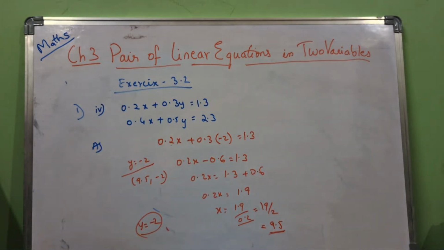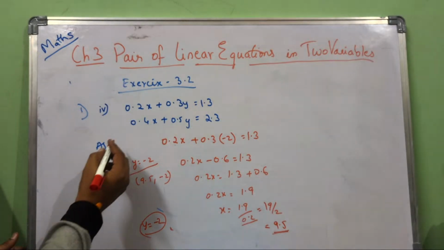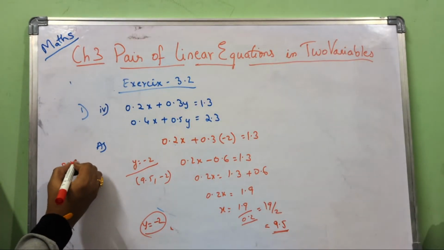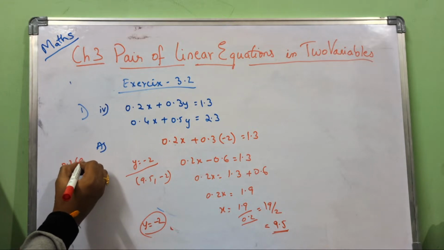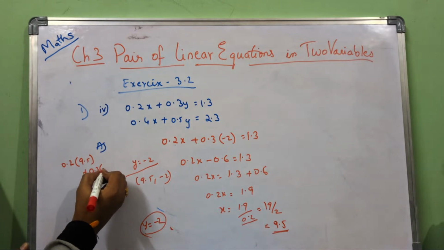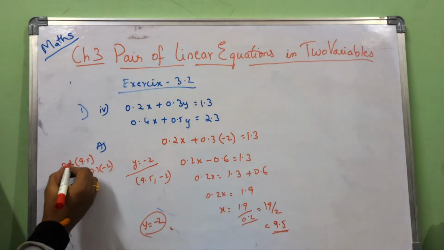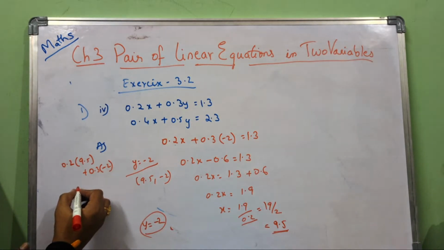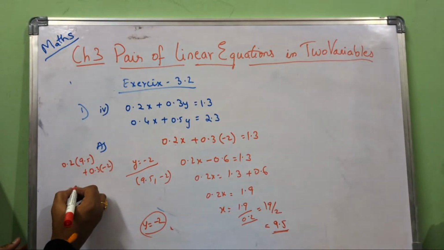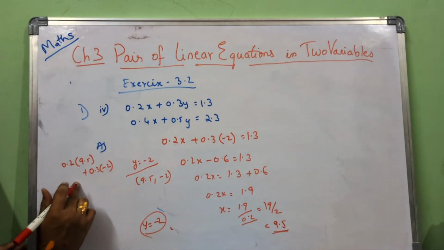If it satisfies, then yes, our solution is correct, or else we have a mistake somewhere. Let's use the first one: 0.2 times x value 9.5, plus 0.3 times y, which is minus 2. 9.5 into 0.2: 9.5 into 2 is 19, so 0.2 will become 1.9.